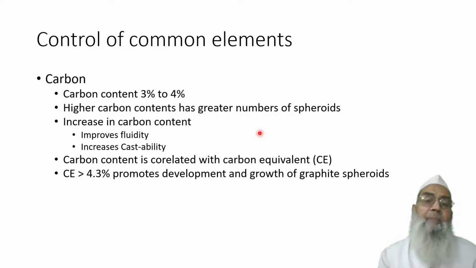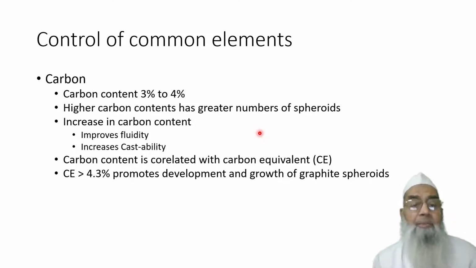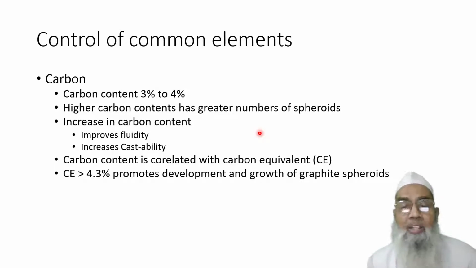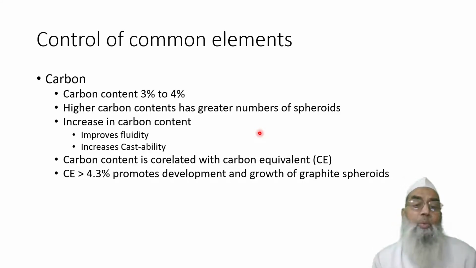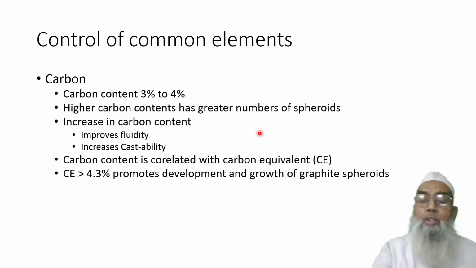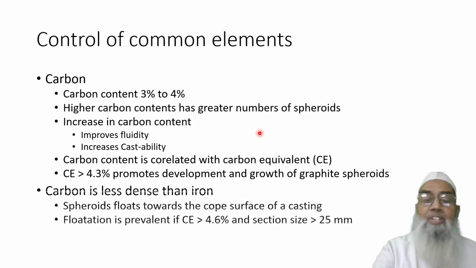Therefore, increasing carbon content improves fluidity and increases castability. Now, carbon content is correlated with a term which we call carbon equivalent. If carbon equivalent is 4.3%, then it promotes development and growth of graphite spheroids.